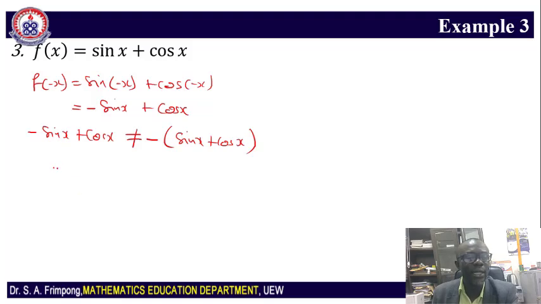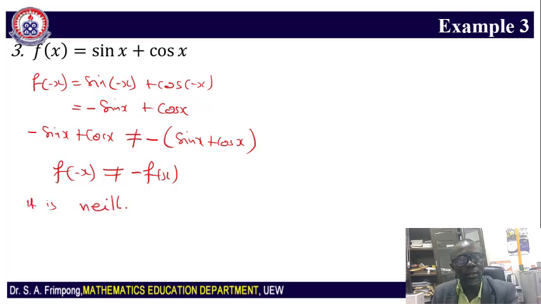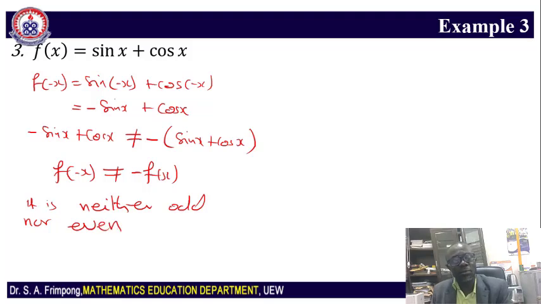So that implies that f of negative x is never equal to negative f of x, and it's also not equal to f of x. So this function is neither odd nor even. Like we said, some functions can be neither of them.